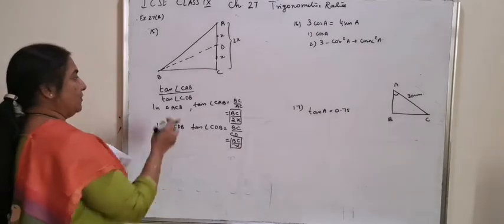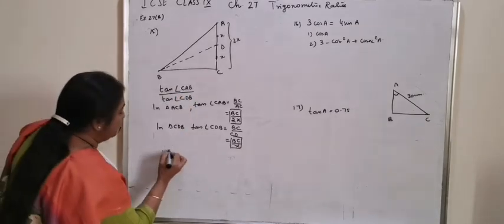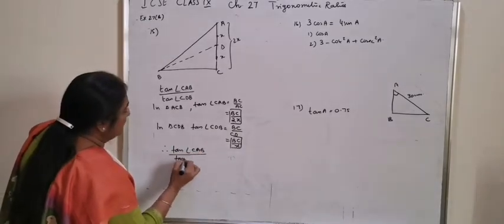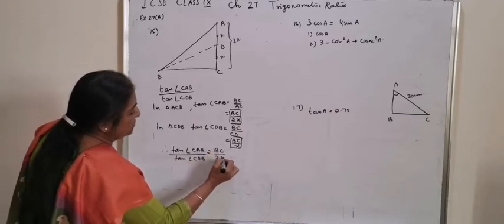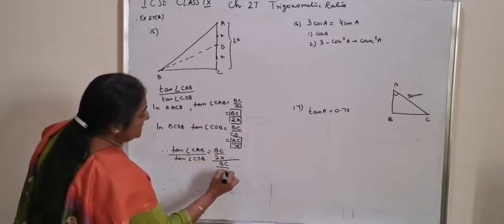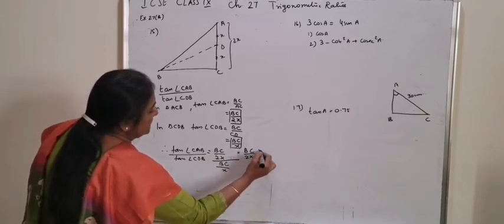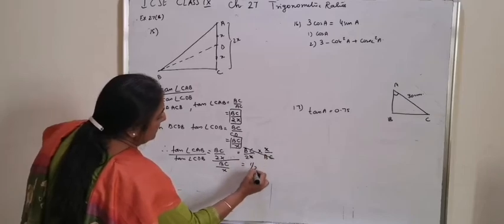We are supposed to find the ratio of tan angle CAB by tan angle CDB. Therefore, it is equal to BC by 2x divided by BC by x, which is equal to BC by 2x into x by BC, so the answer is 1 by 2.